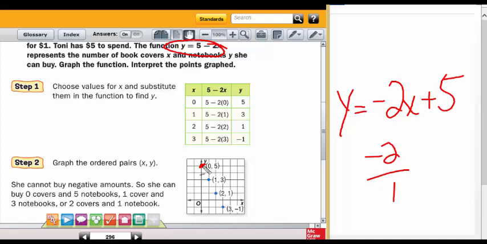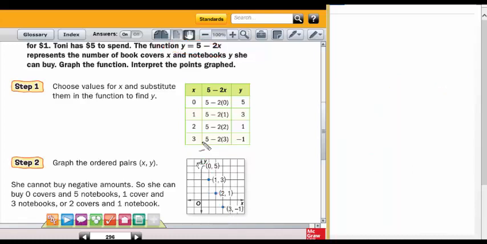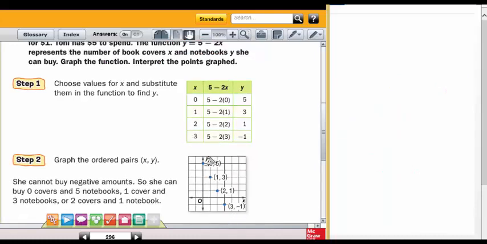So we're going to drop 2 over 1, drop 2 over 1, drop 2 over 1, and notice that it points out all 4 of our coordinate pairs. If we back this out, we can see that each of these was indicated by our down 2 over 1, our slope.